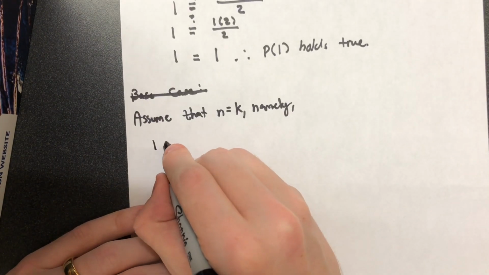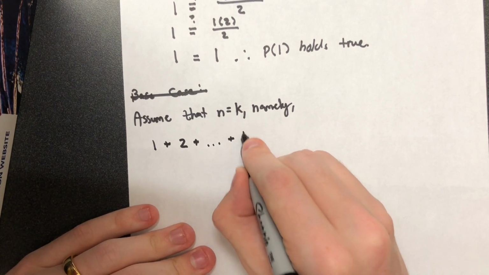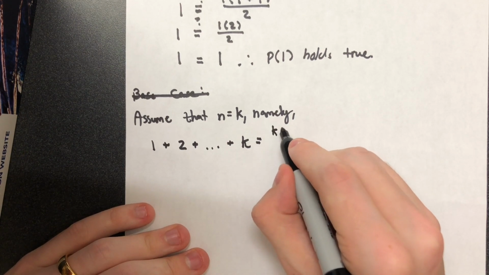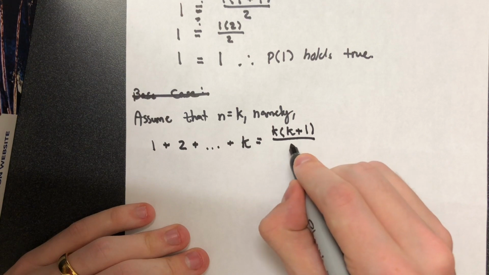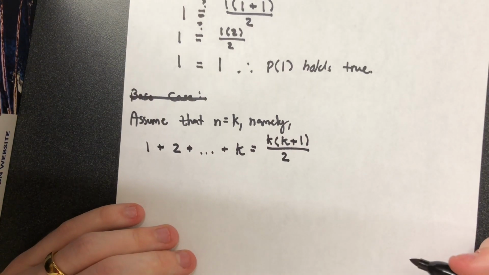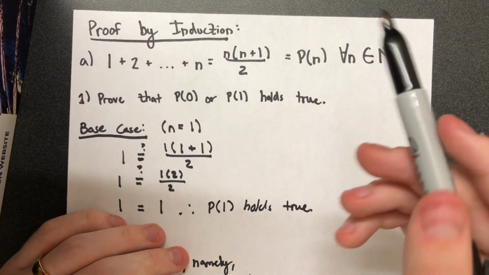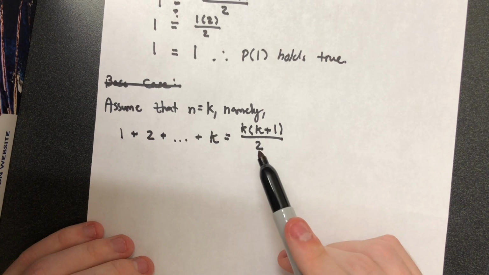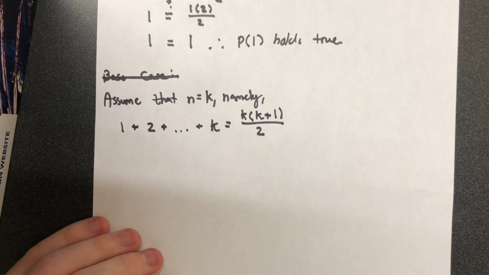Write your original statement down, 1 plus 2 plus ... plus k equals k times k plus 1 over 2. And that's it. All you have to do is replace n with k on both sides, and then this is what your assumption is. And we'll use this in our induction step, or our proof step.